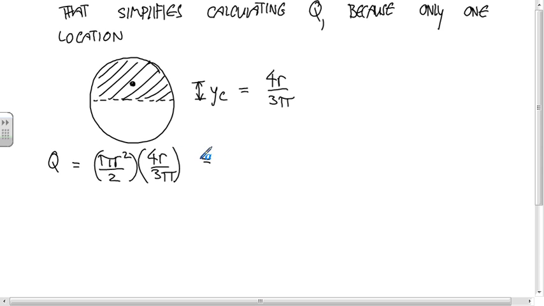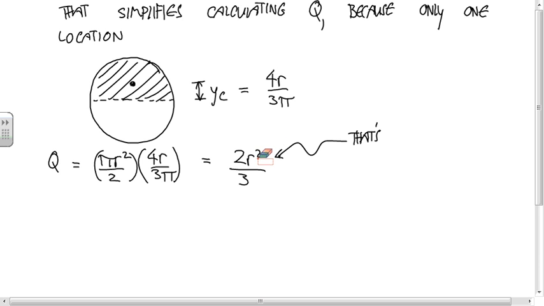You get some cancellations, and you end up with 2r squared over 3. Okay, so r, 2r, that must be r cubed.